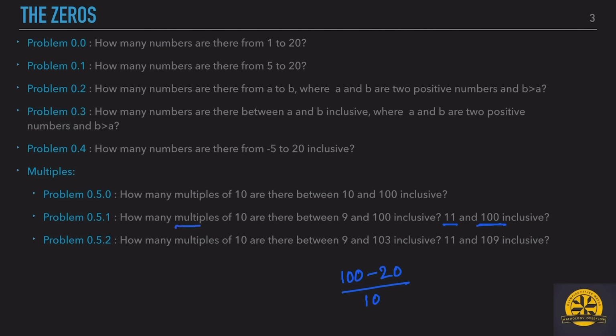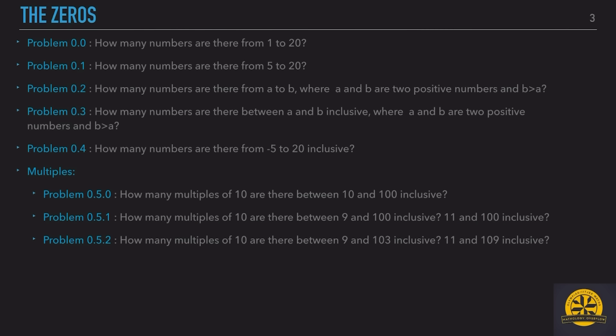They take the difference between the two and divide by 10 because it's asking for multiples of 10. And they arrive at the wrong answer. Be very careful while dealing with such counting of multiples problems.